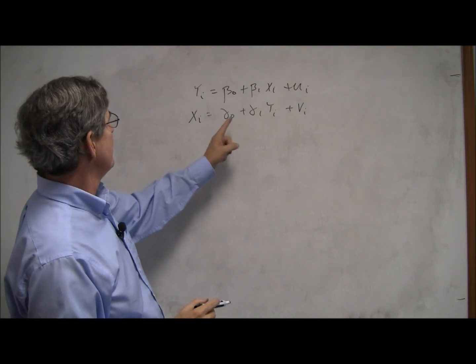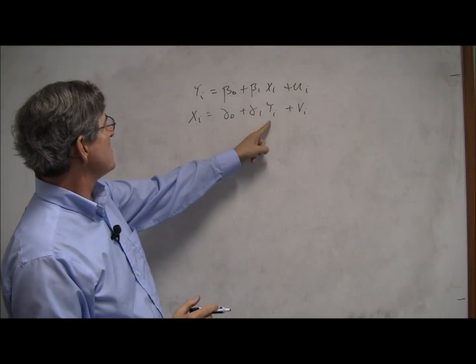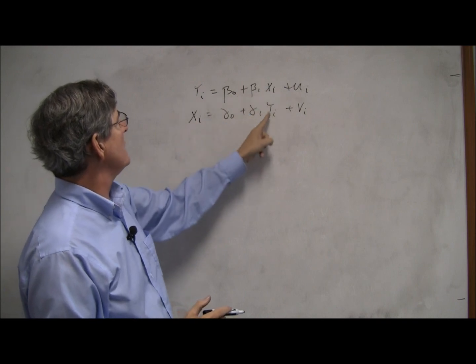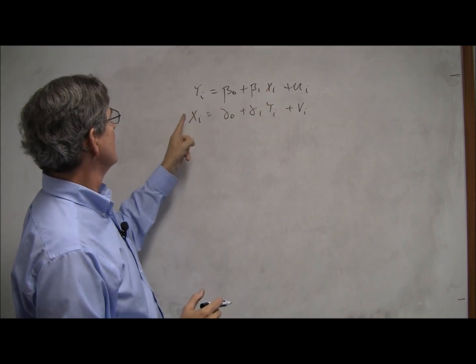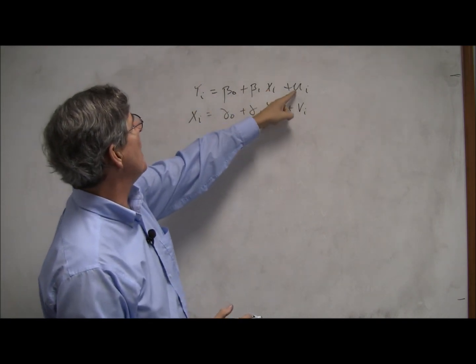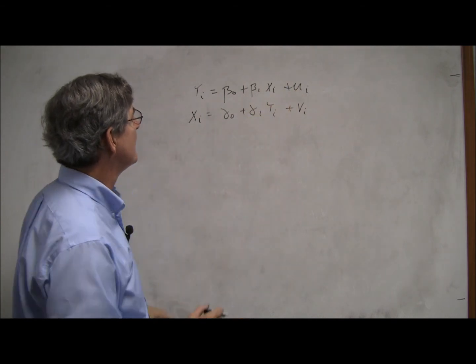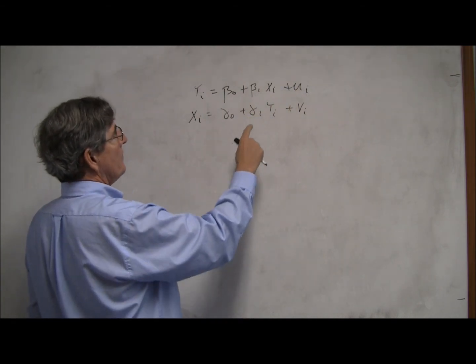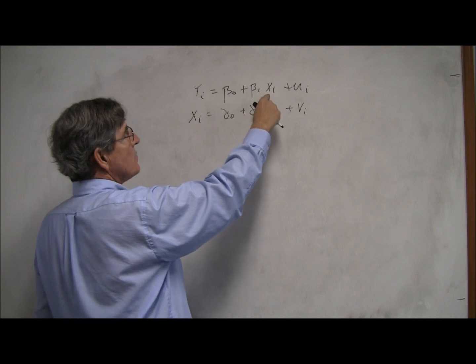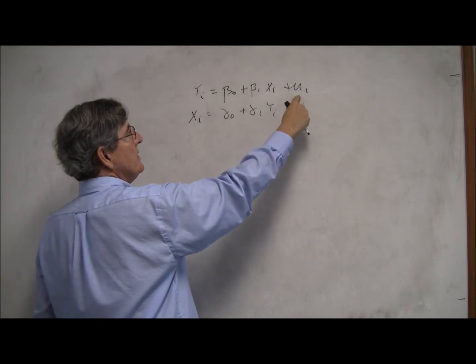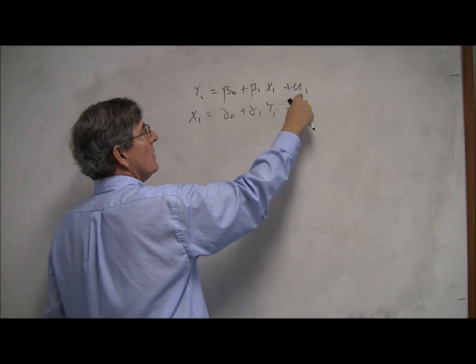Now, look at this. xi has yi in it. When yi wiggles, xi wiggles. But yi has ui in it, right? So this xi has y in it, and y has u in it. So this x and this u are going to be correlated.